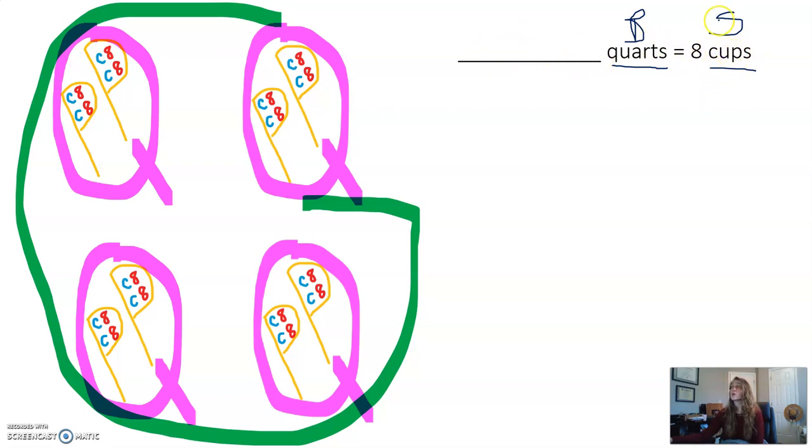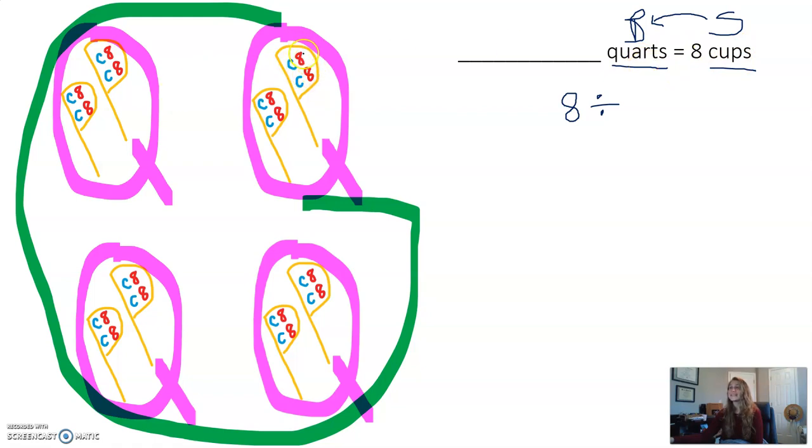We don't know the quarts, so we're really going small to big. Divide that pig. We're going to take our 8 cups and we're going to divide it by how many quarts there are.